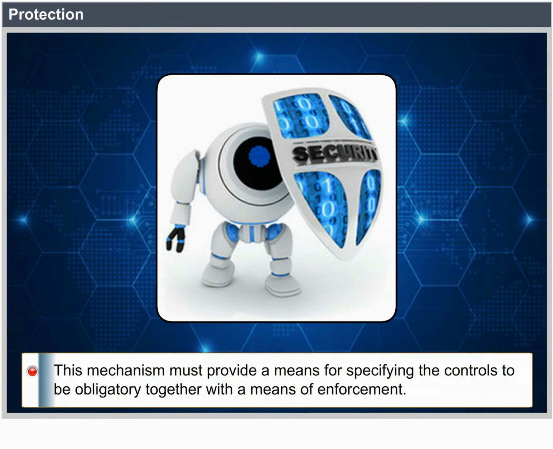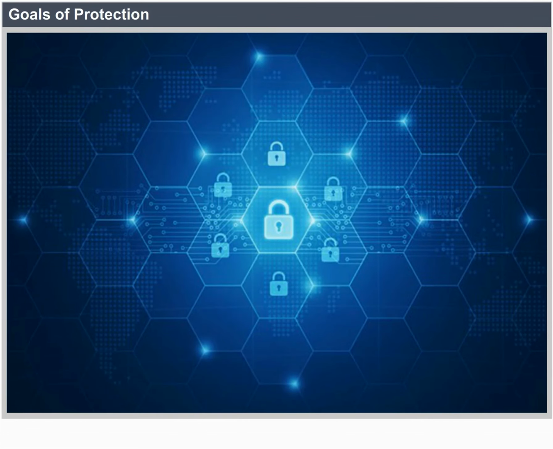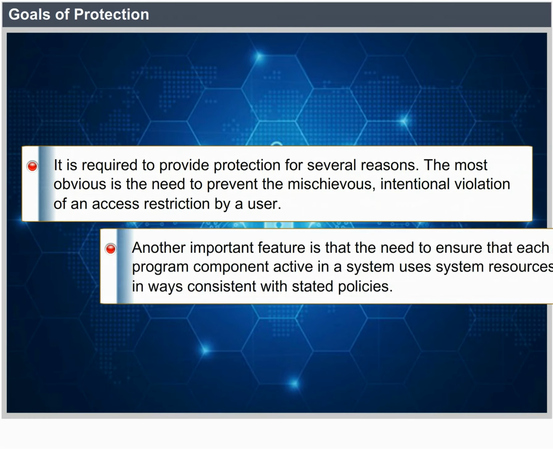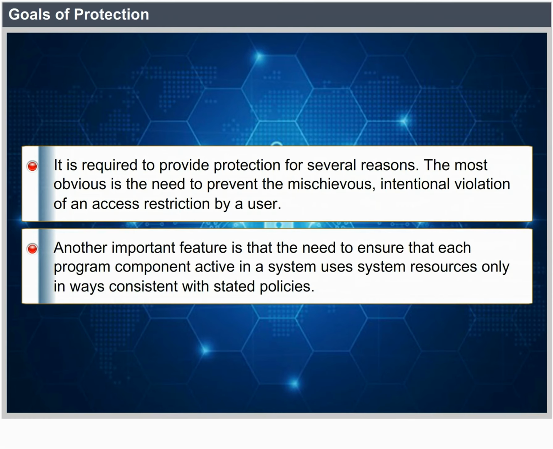This mechanism must provide a means for specifying the controls to be imposed, together with a means of enforcement. Goals of protection. We need to provide protection for several reasons. The most obvious is the need to prevent the mischievous, intentional violation of an access restriction by a user. Of more general importance, however, is the need to ensure that each program component active in a system uses system resources only in ways consistent with stated policies.